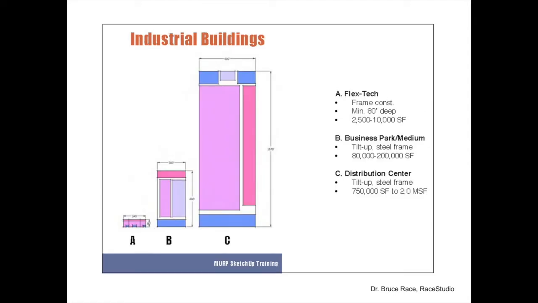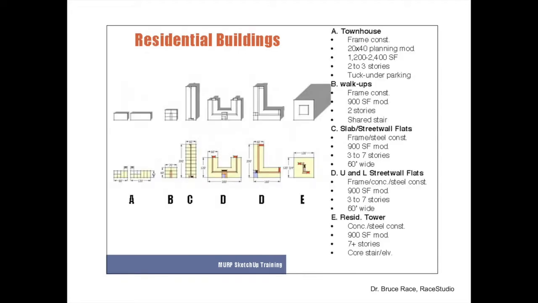Industrial buildings, fairly straightforward. Factory floor, storage floor, management, other circulations. Residential buildings, whether they be single loaded corridors or double loaded corridors, a corridor linking between elevator and stair, apartments on either side, very typical for dormitory buildings, hotel buildings, and the like.